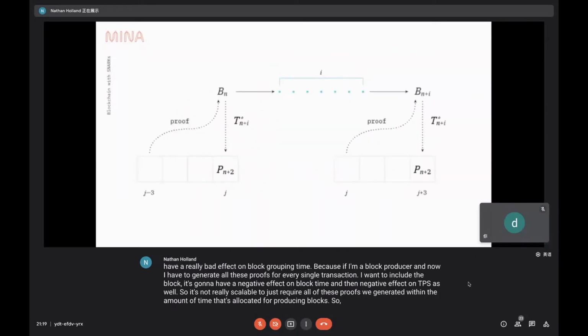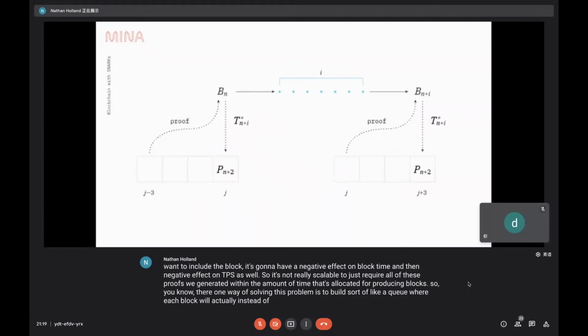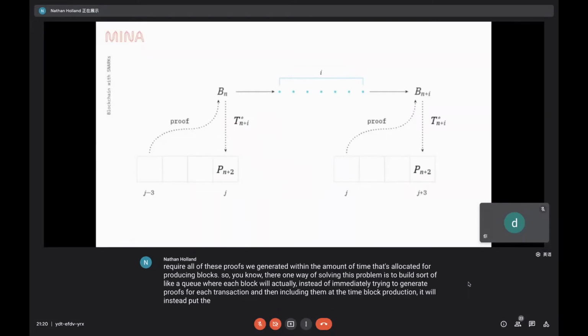So, one way of solving this problem is to build sort of like a queue where each block, instead of immediately trying to generate proofs for each transaction and then including them at the time of block production, will instead put the transactions onto a queue of transactions that it wants to have proven by the network.